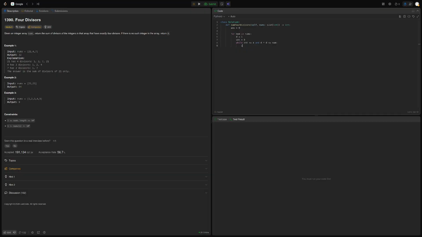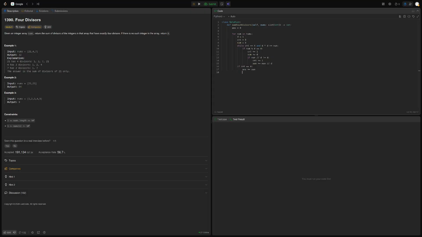So now if num is divisible by d, then count plus equals 1, and if num divided by d doesn't equal d, then count plus equals 1, and if count is 4, I also need a sum: sum plus equals d, and sum plus equals num divided by d, and then ans plus equals sum.